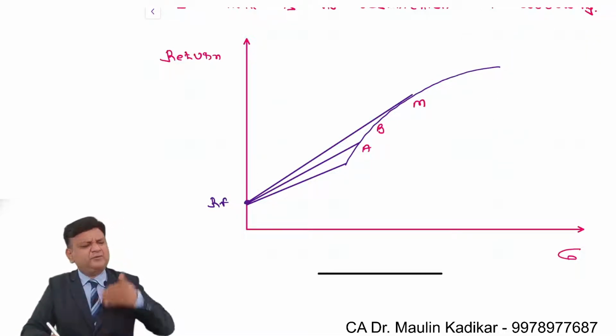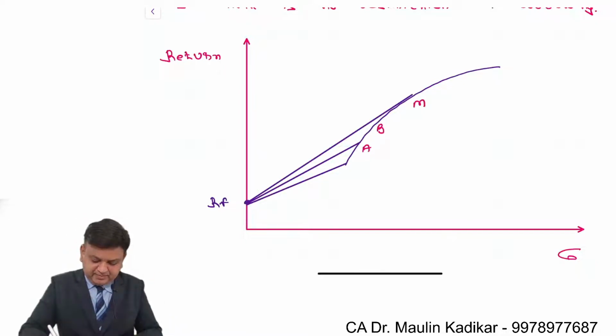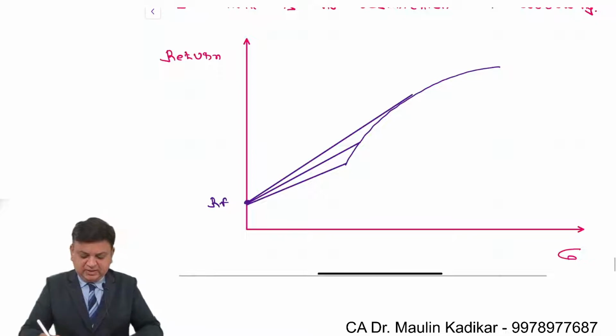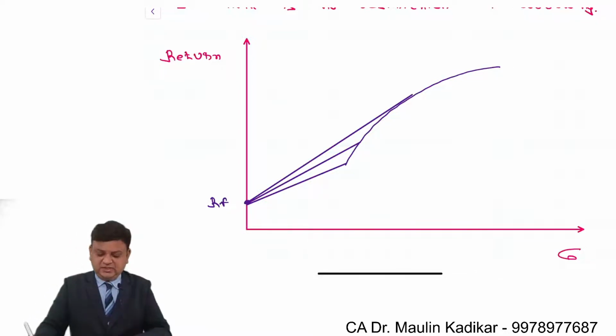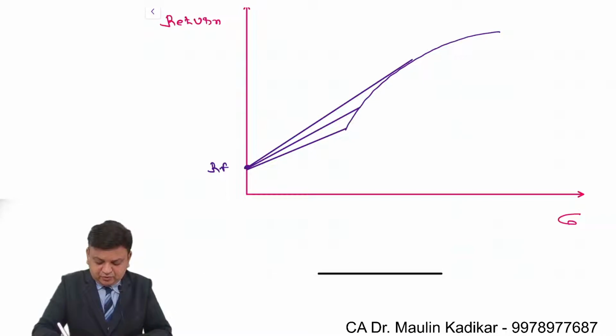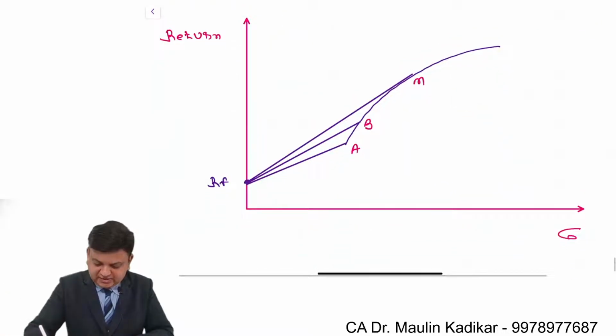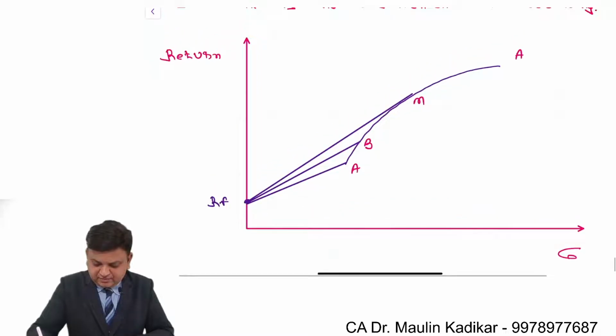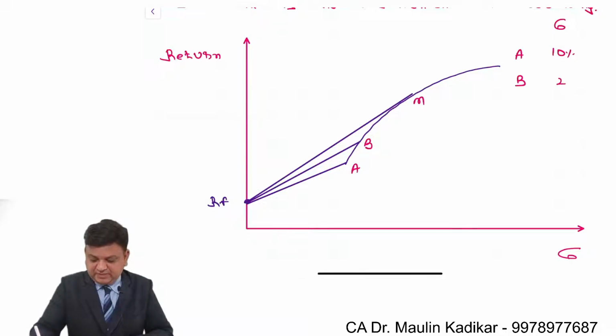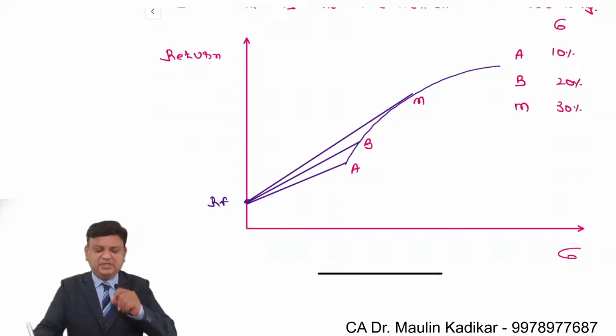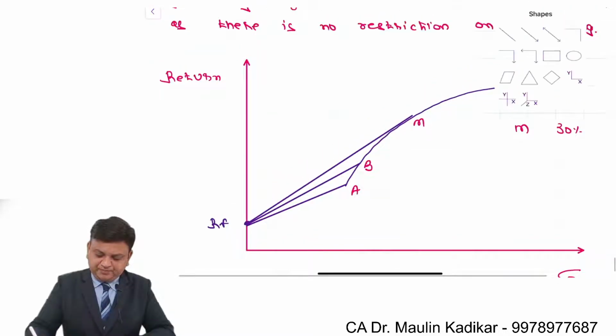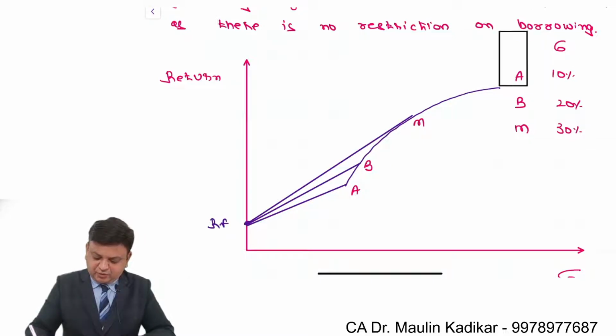See, there are a number of combinations again possible, but from these, I am just telling you about the three portfolios story: A, B, and M. Let us say that portfolio A has a standard deviation of 10%, B has a standard deviation of 20%, and M portfolio has a standard deviation of 30%. So I'm just randomly making some assumption with respect to these three portfolios.